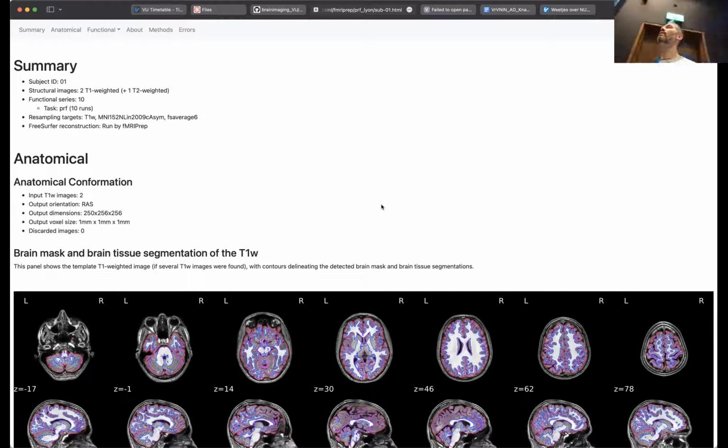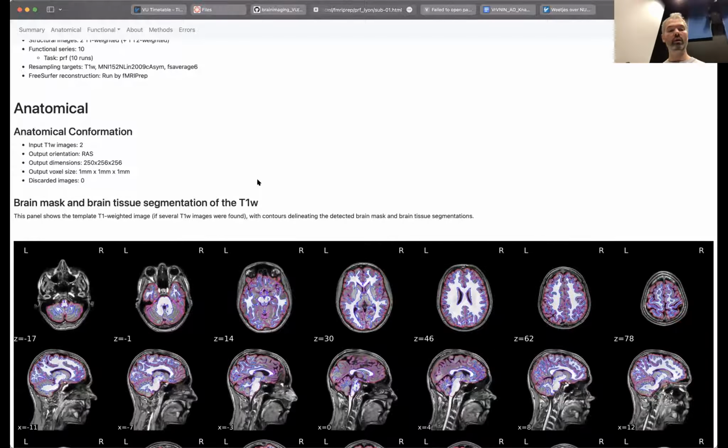And there was a whole set of T2* weighted functional imaging data in the func folder. Yeah. So that means we had this BIDS data set, and this was used to create this fMRI Prep output. You see that we ran 10 runs for a task called PRF, which stands for this population receptive field mapping type of experiment that I talked about before in the previous lecture.